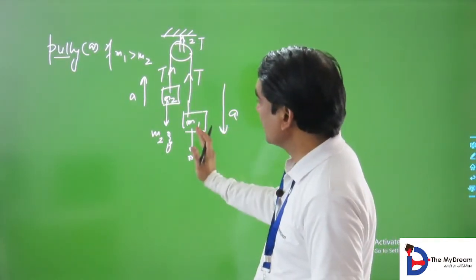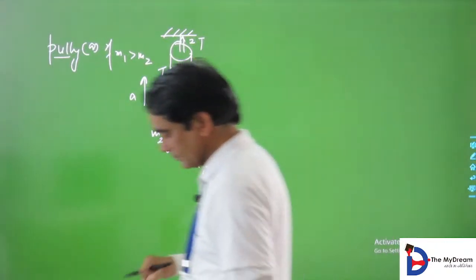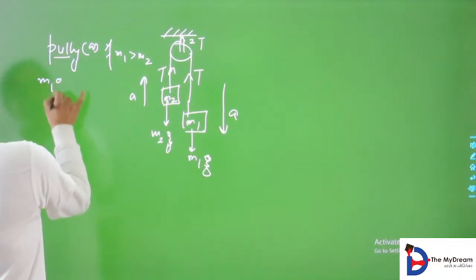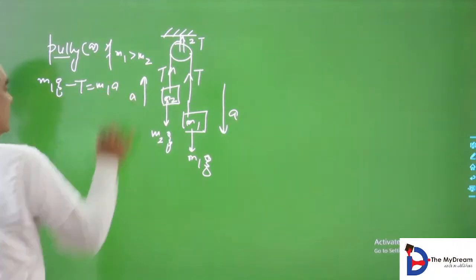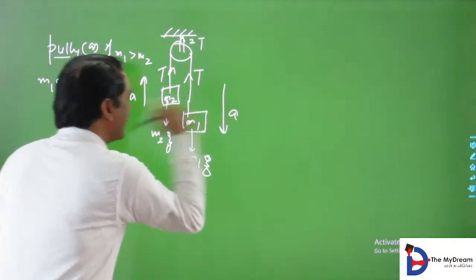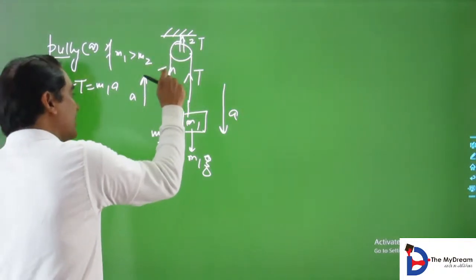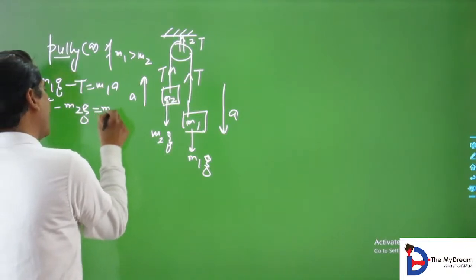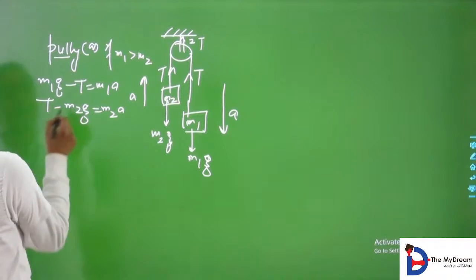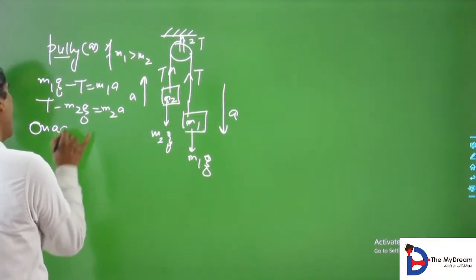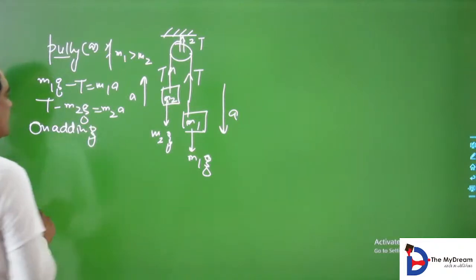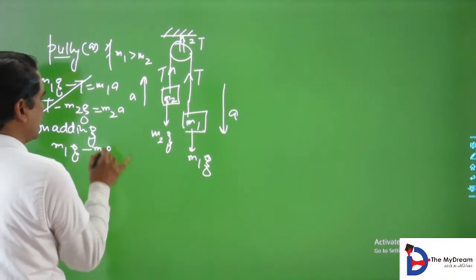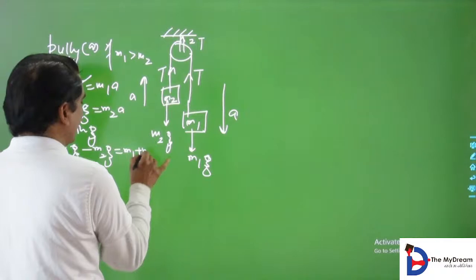Now consider this one lift and the other another lift. This one is going down, so m1g minus T is equal to m1a. This minus this is equal to m1a. This one is going up, so this minus this is equal to m2a. On adding, you will get m1 minus m2 into g, which is m1 plus m2 into a.